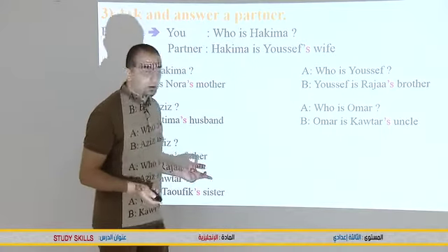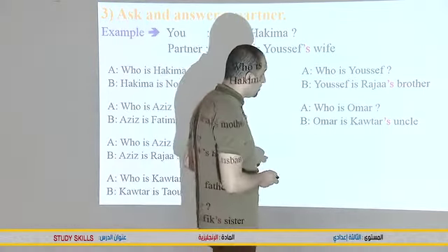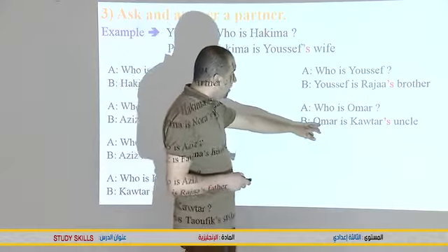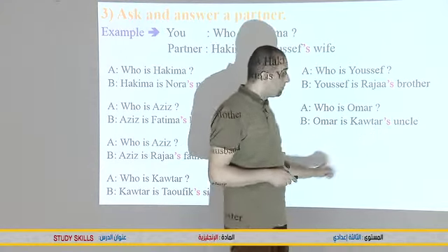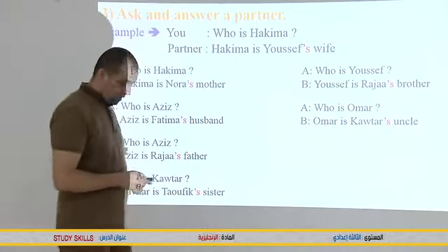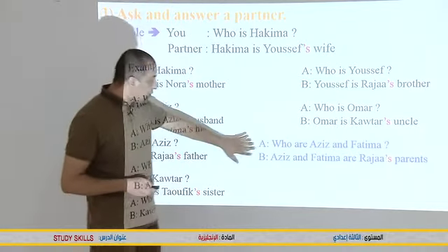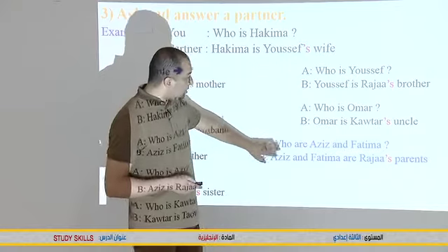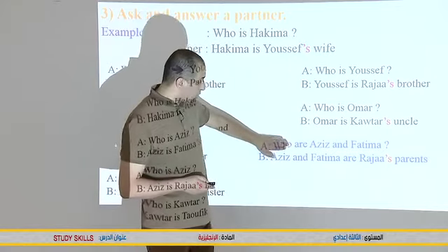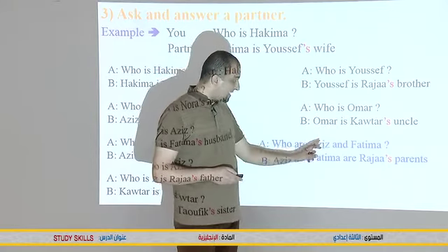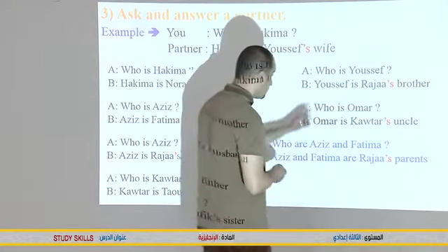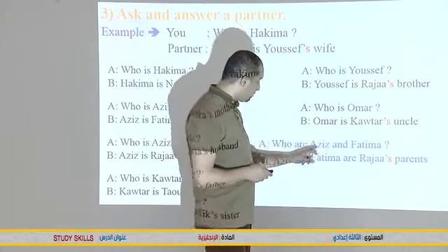Who is Omar? In relation to Kautar. Omar is Kautar's uncle. Another example. I put this in a blue color because I have this question in plural. Who are Aziz and Fatima? Not just singular, but plural.